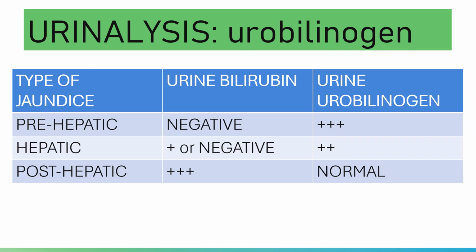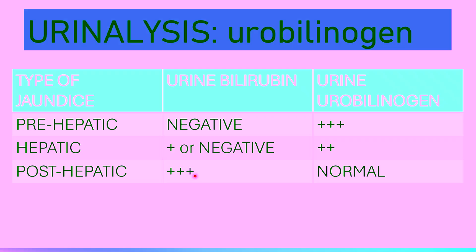Okay? In bile duct obstruction, or obstruction of the bile flow, or this is post-hepatic jaundice, urine bilirubin is increased, causing a dark urine accordingly.